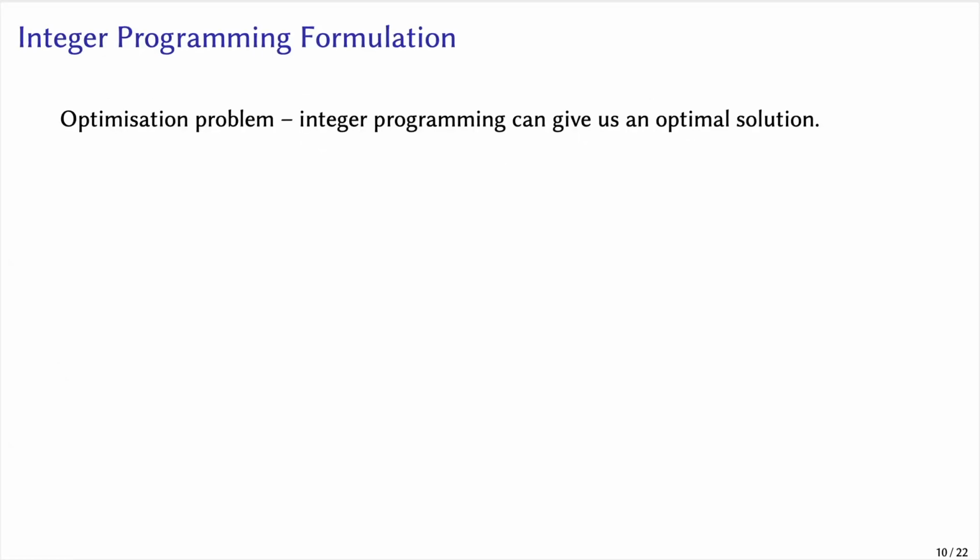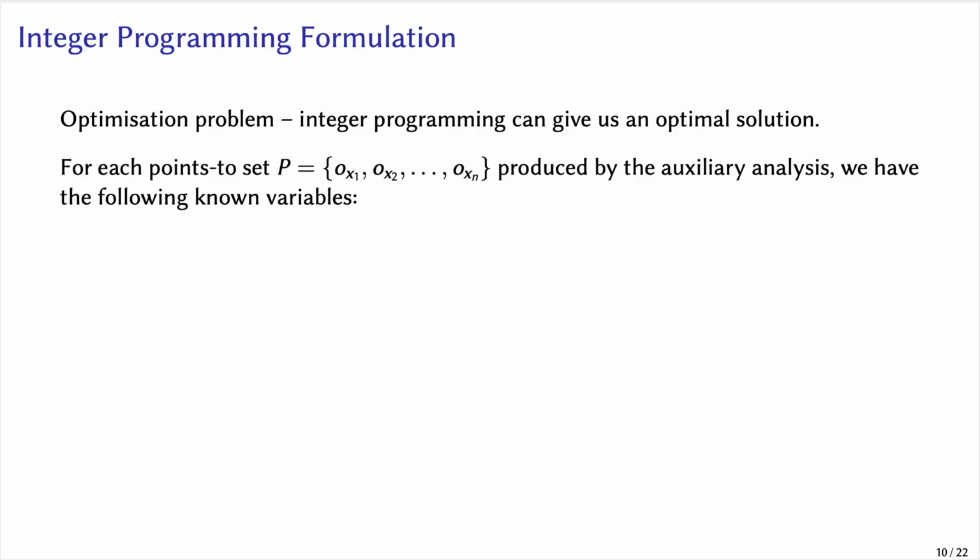This sounds like an optimization problem, and one for which integer linear programming can give us an optimal solution. We attempt to generate the best possible core bit vector representation for the auxiliary analysis. To frame this as an integer programming problem, we say that each points-to set P with objects O subscripted by X further subscripted by an index has known and unknown variables.